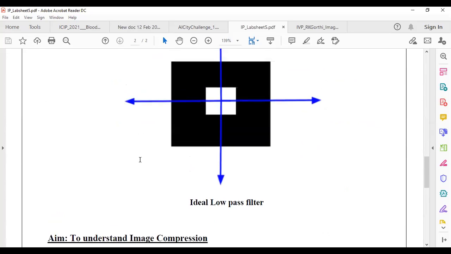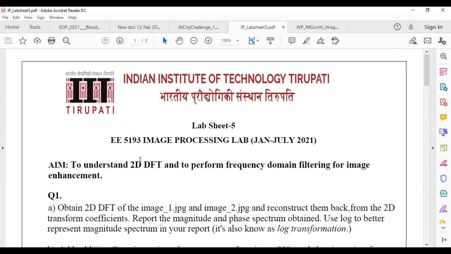Is this lab sheet 5 or 4? 5, sir. Okay, very good. I think we are progressing well in terms of giving lab sheets. Hope you have reached the pace where you can reasonably submit around the timelines. Sir, can we not have a lab sheet next week?